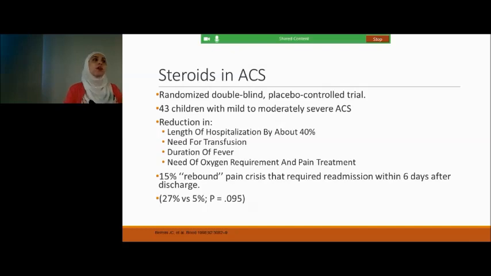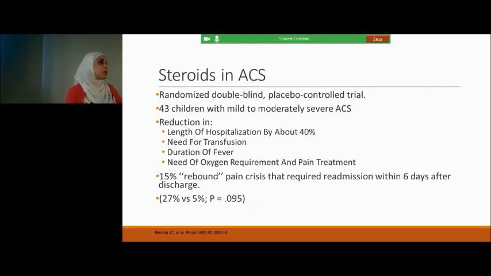In the ones who were treated, they had a shorter hospitalization duration. They needed less transfusion or exchange transfusion, depending on the case. They defervesced quickly, so fever was of shorter duration, and their oxygen requirement and pain management were less.